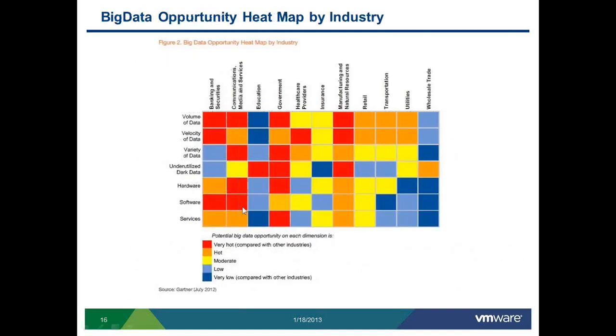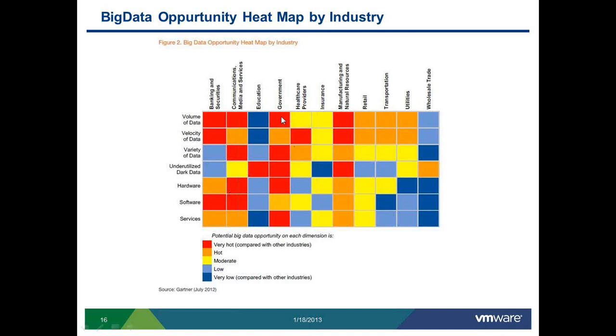And then here we talk about the opportunity heat map by industry. If you see banking and securities, they have a huge amount of opportunities in the area of volume and velocity of data. In the communication industry, you see a lot on the volume of data as well as hardware and software.